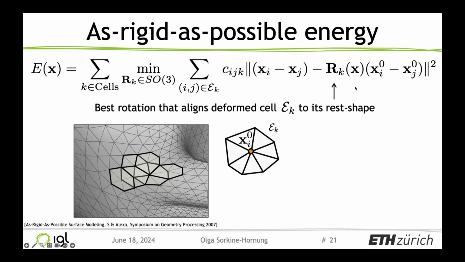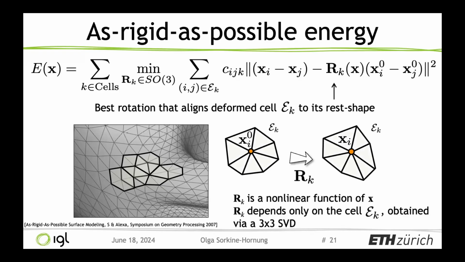So the idea is not to do any linearizations, but to look at the initial configuration of every one ring or every local cell on a mesh, and to compare it with its unknown deformed configuration, and to define this rotation R as the best fitting local rotation that would explain the deformation that happened here on the local scale.